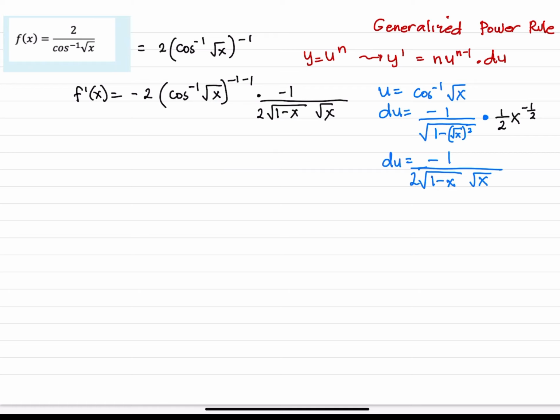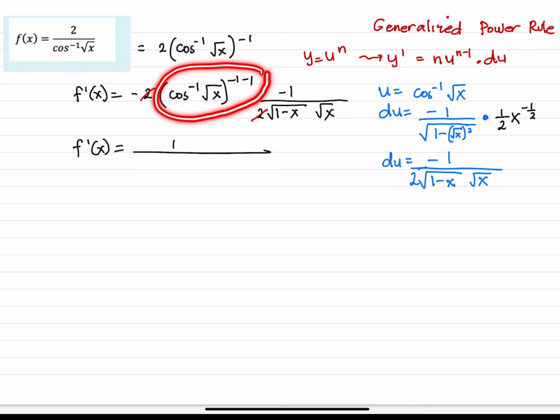What happens with 2 and 2? And what about negative 1 multiplied to negative 1? Okay, so what will the product be? F prime of x becomes 1 over, how about this? This will give our arccosine of the square root of x raised to negative 2.